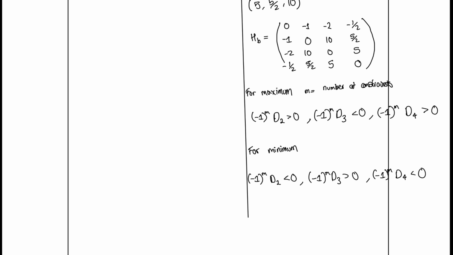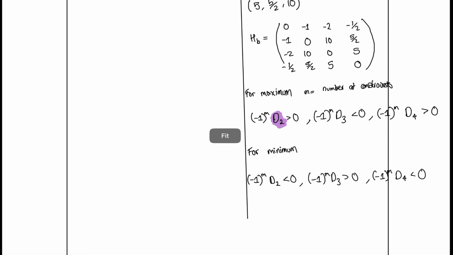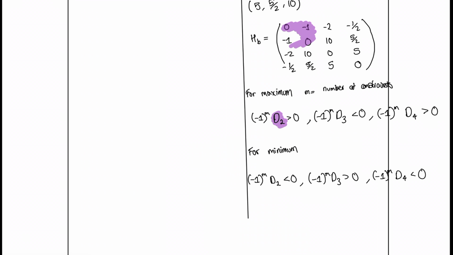D2, D3, and D4, you might be asking, what do they stand for? D2 just represents the determinant of this matrix. So from the first entry, we make a 2 by 2 matrix and we work out the determinant of that.